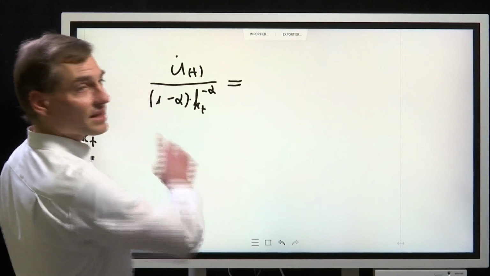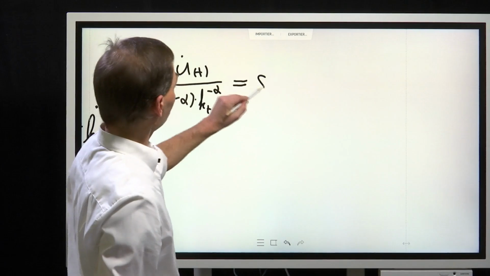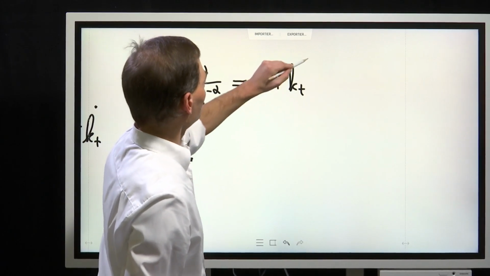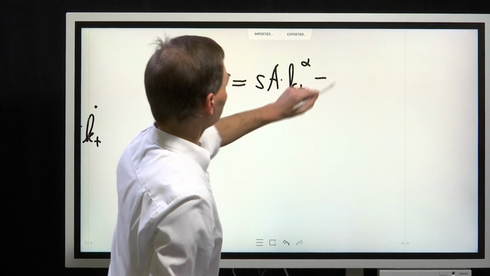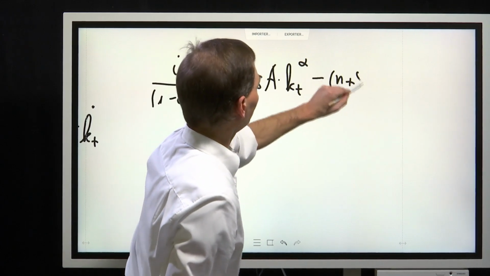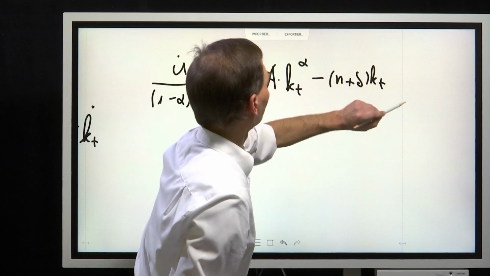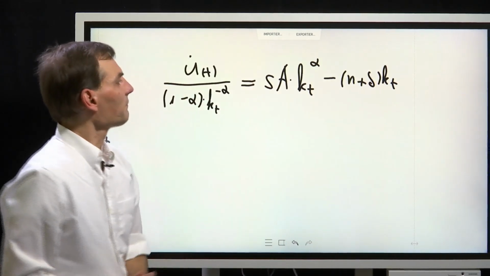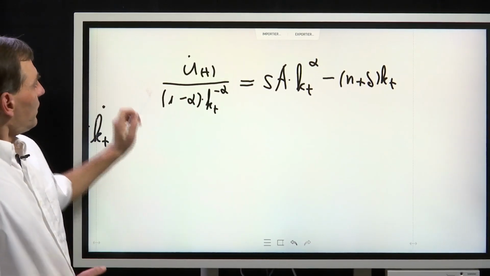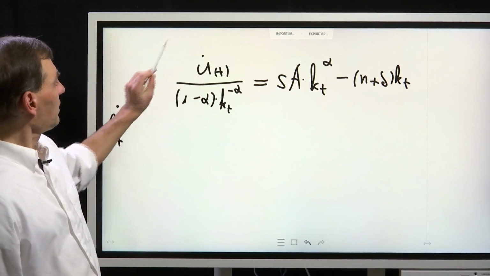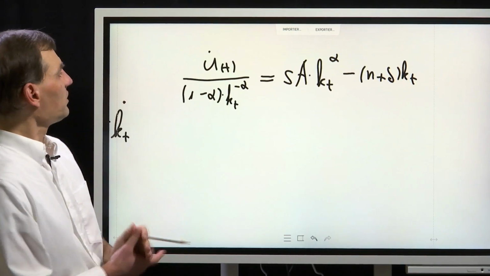And on the right hand side of my equation I still have the saving function, which is s times A k(t)^alpha minus (n plus delta) k(t). So what I have done here is simply substitute my new function for k dot of t on the left hand side.